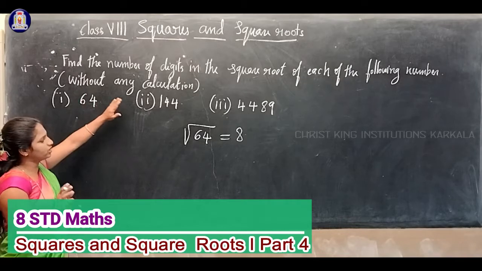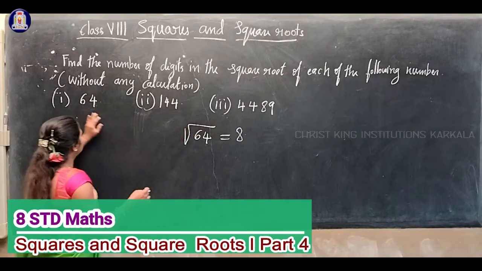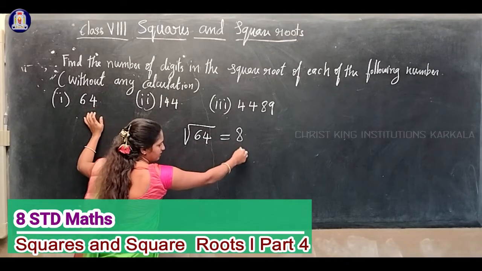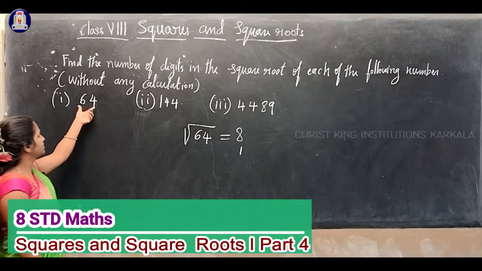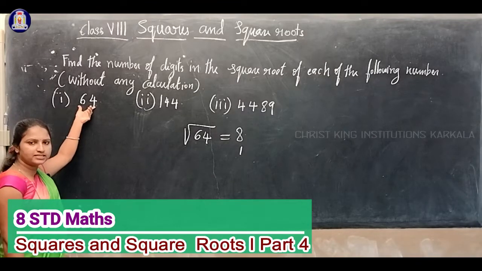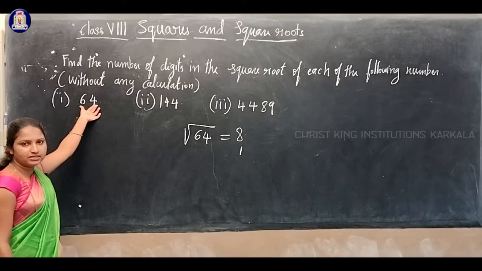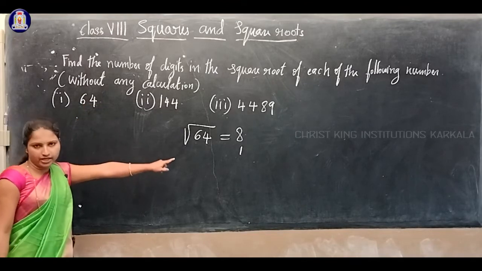Without any calculation, without checking the square root, we can find out how many digits are there in this square root. The answer is 8, that means 1 digit. The square root of 64 contains 1 digit, that is 8, correct?